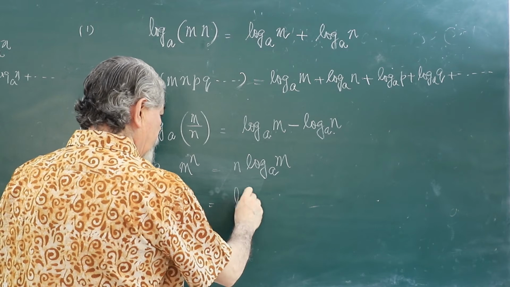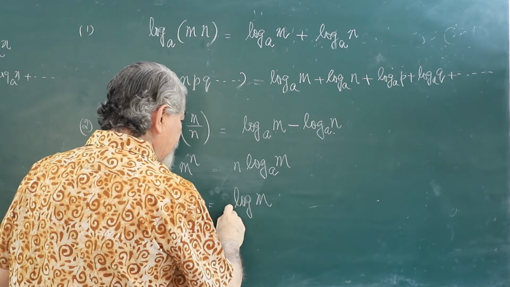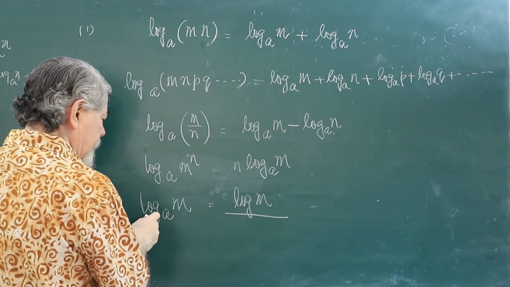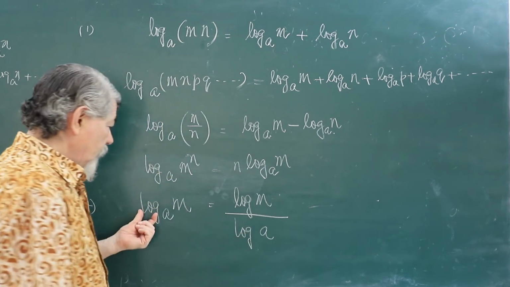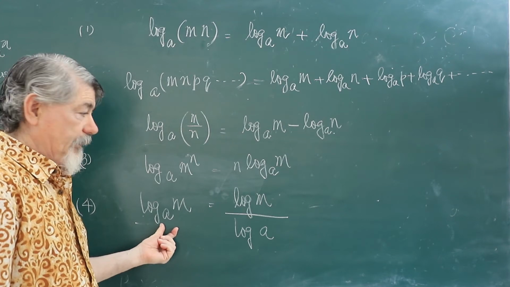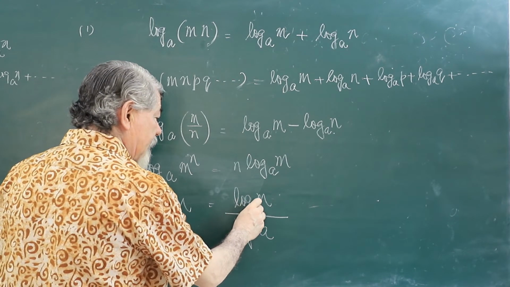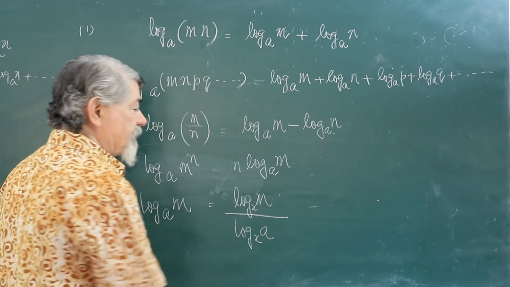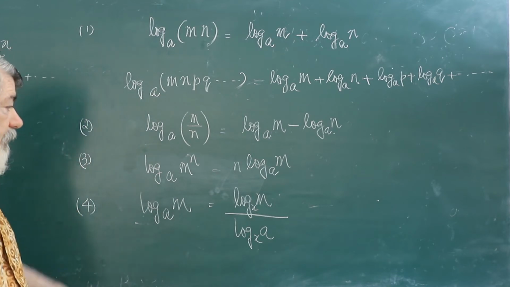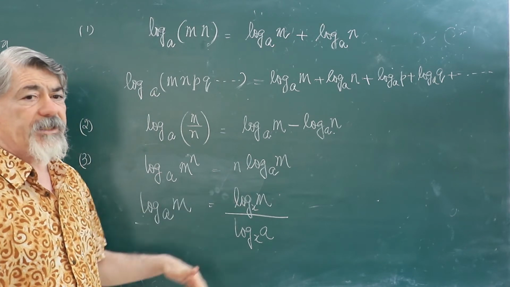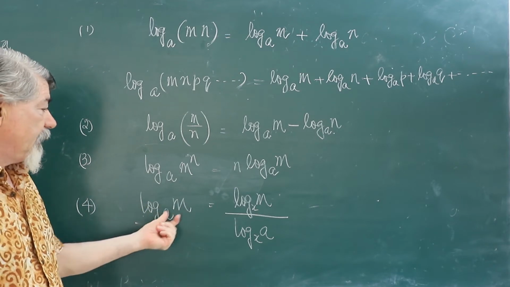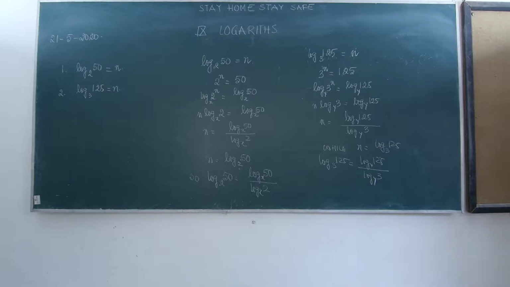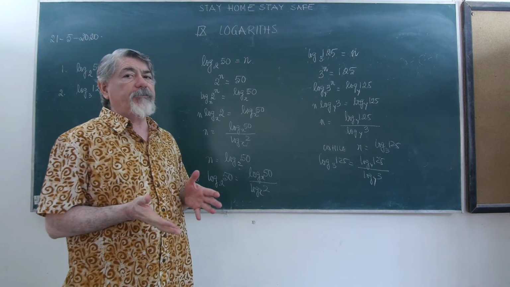You just write log m upon log a. And whatever the base is, write that base here. So we can change the base of any logarithm by this formula.